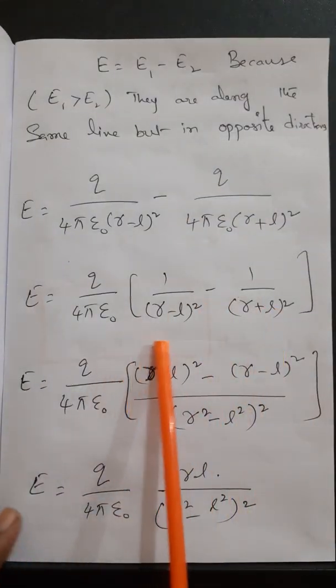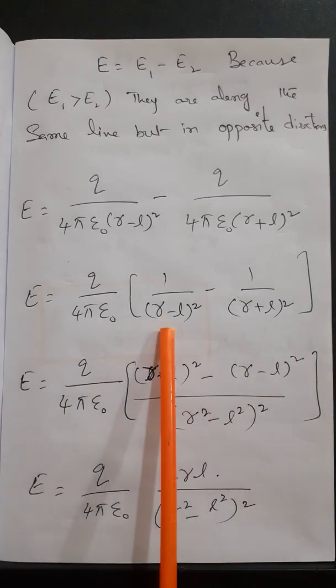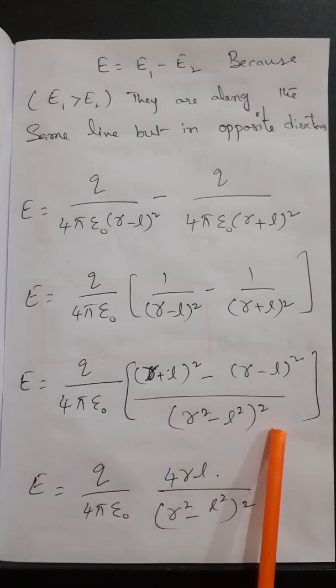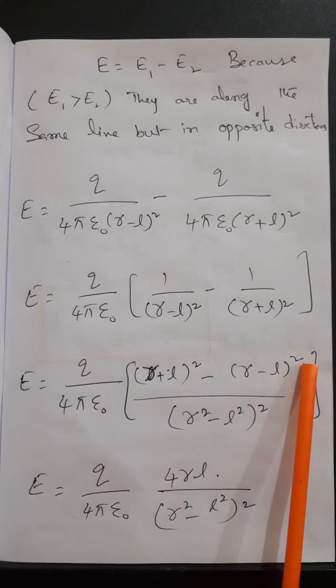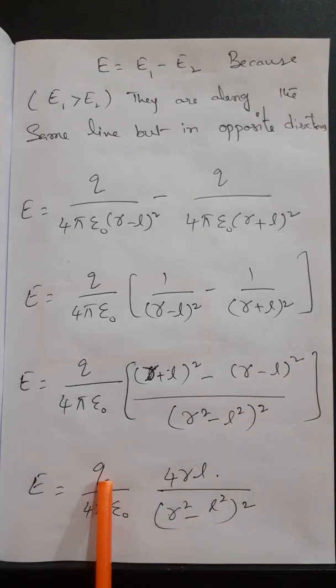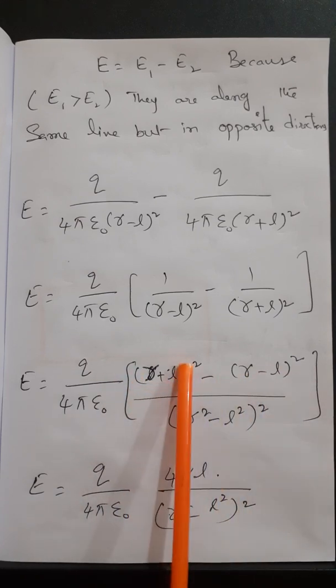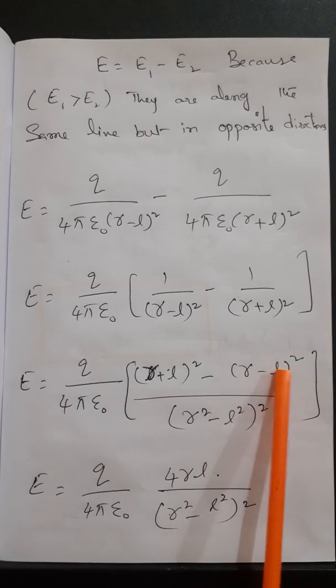Now we can take the LCM of this, which can be written as R square minus L square whole square. The numerator can be written as R plus L whole square minus R minus L whole square, all multiplied by Q by 4 pi epsilon naught. This is in the form of A plus B whole square and A minus B whole square.